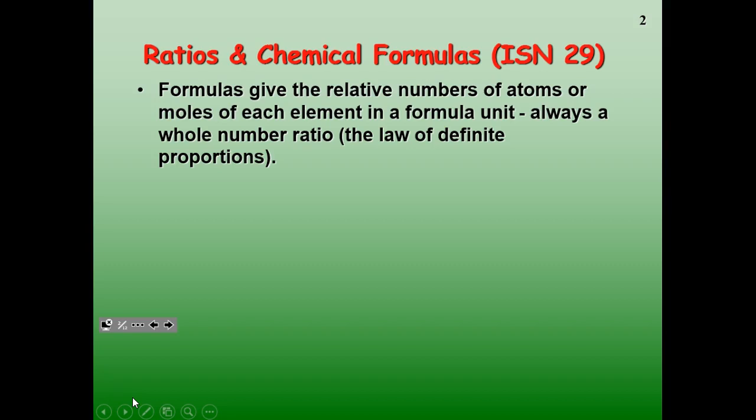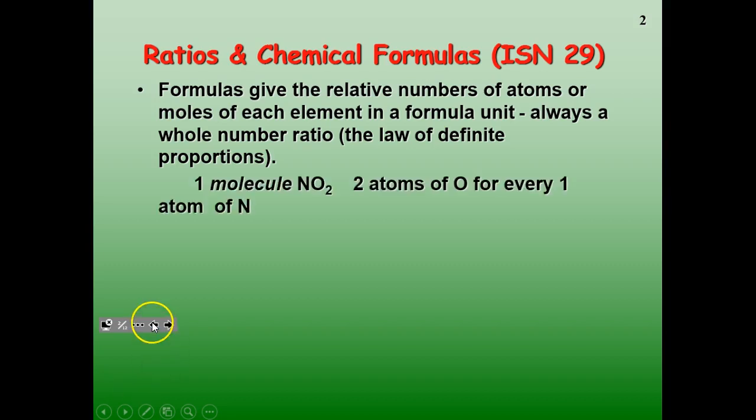Well, we also see ratios at another level in a chemical reaction, and that is in the formula of the specific substance. The formulas of each substance give us the relative numbers of atoms or moles, and that's how we're going to interpret them, of each element in that substance. And it's also always a whole number ratio.